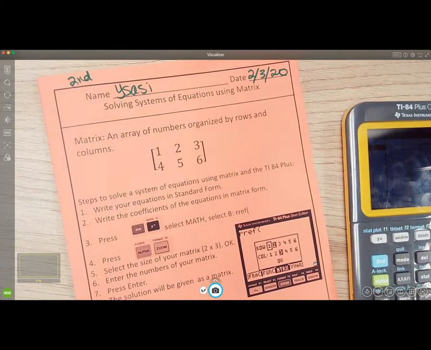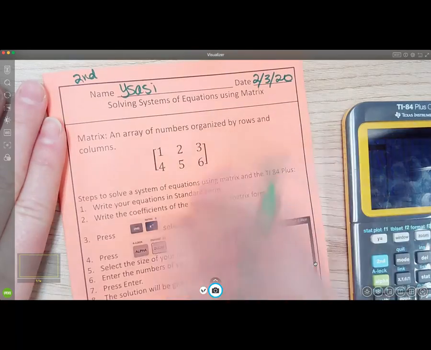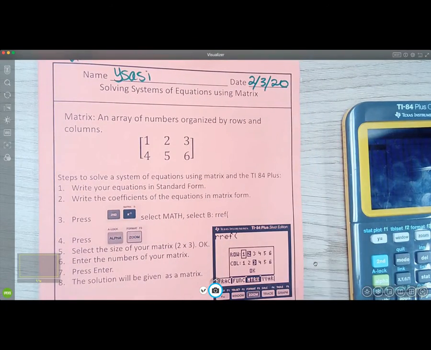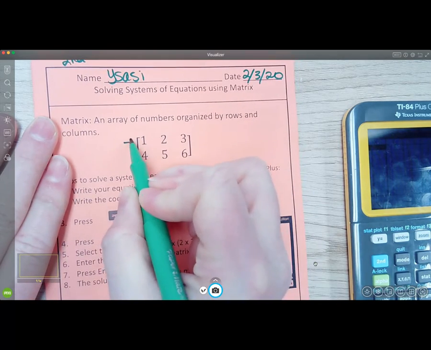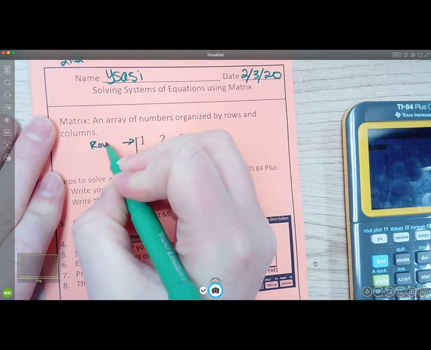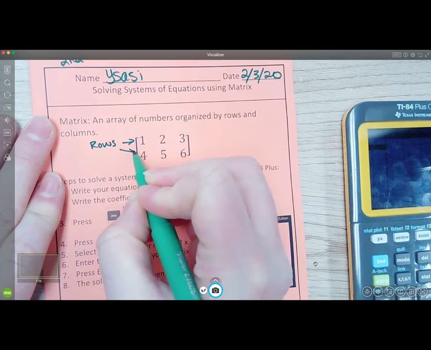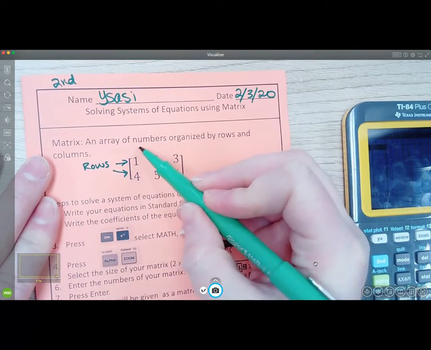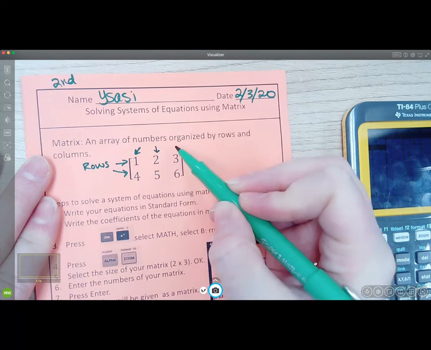We are going to learn how to solve systems of equations using matrices. A matrix is an array of numbers organized by rows and columns. So here are the rows. We have 2 rows on here, and these are the columns.